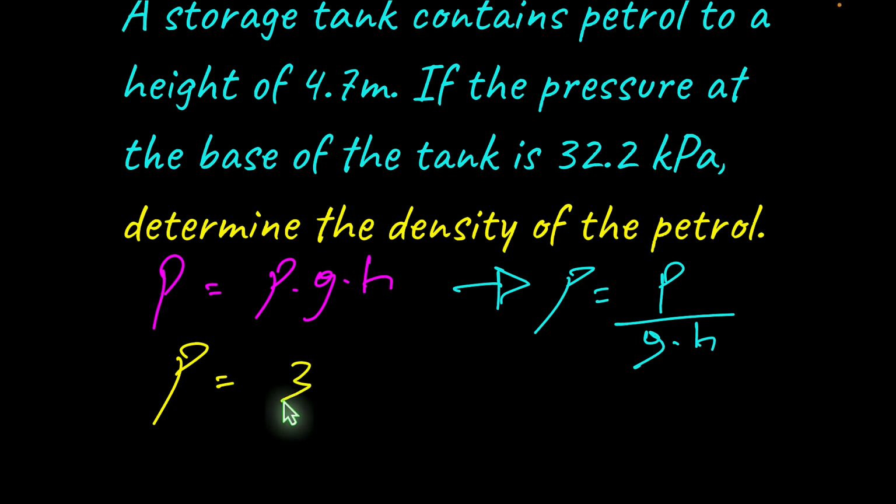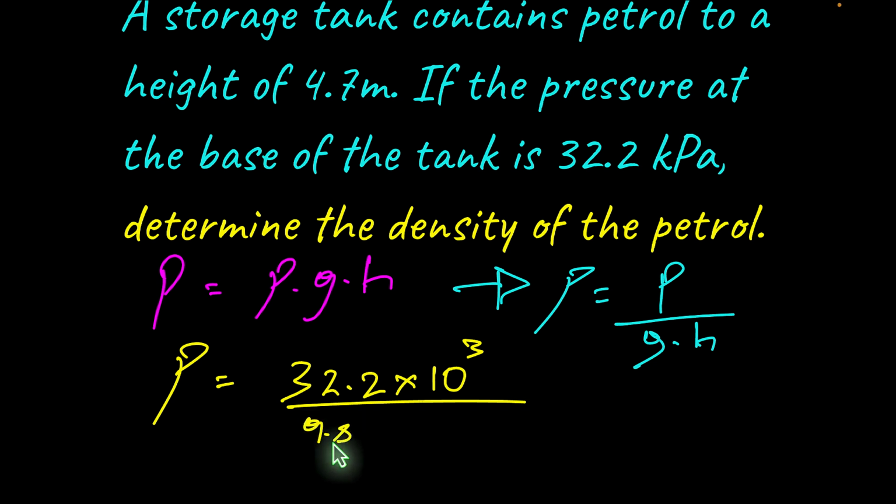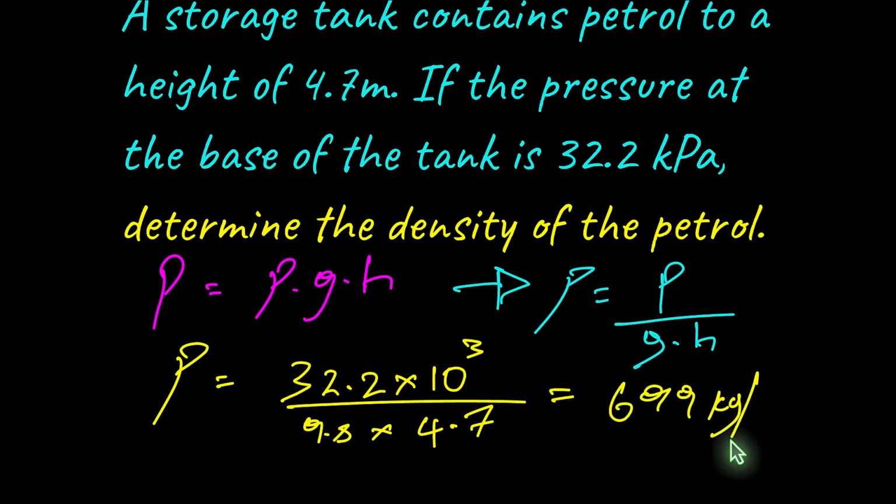So we need to ensure that we write that out in full, 32.2, and we're going to multiply that by 10 to the power of 3 to convert our kilopascals into pascals, and then divided by our gravity, 9.8, and multiplied by our height that's given, which is 4.7 meters. So our final answer here for density is 699 kilograms per meters cube. So that's representing the density of the petrol.